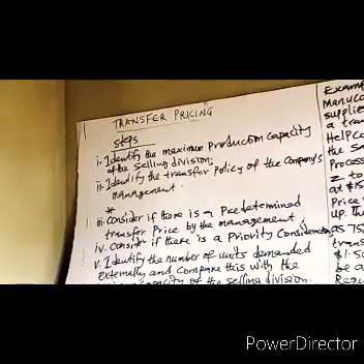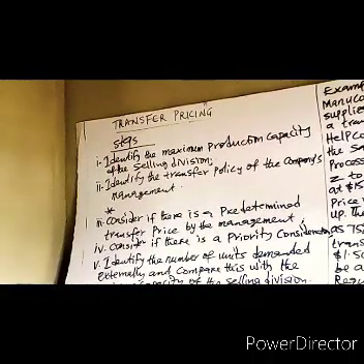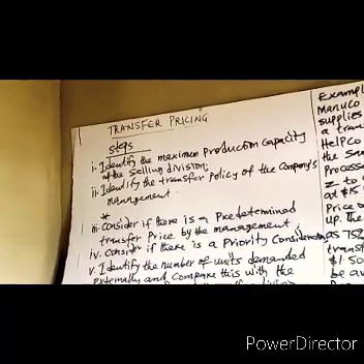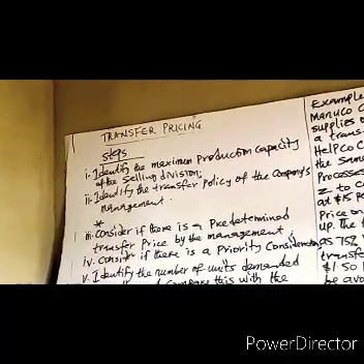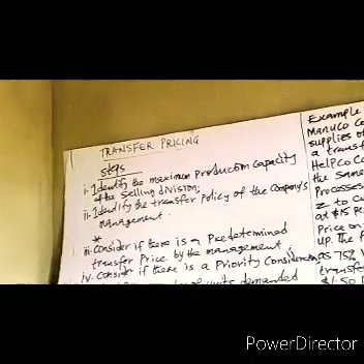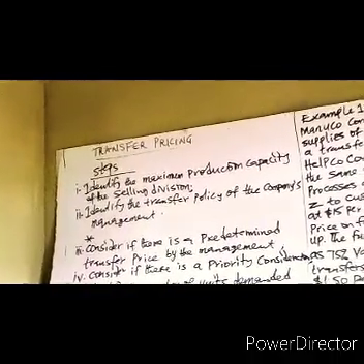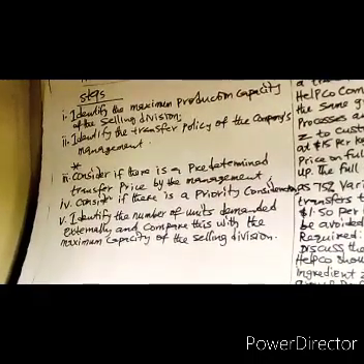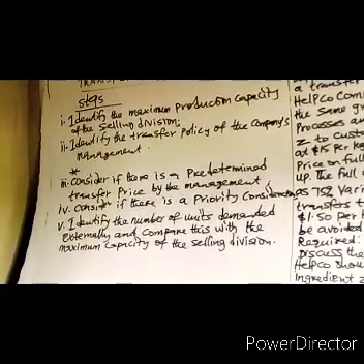You identify the number of units demanded externally and you compare that with the maximum capacity of the selling division.